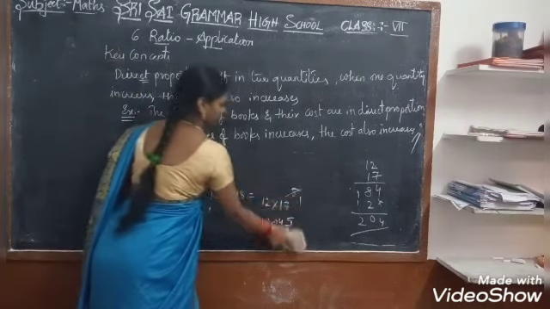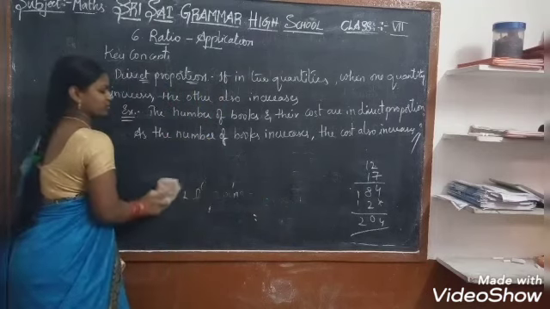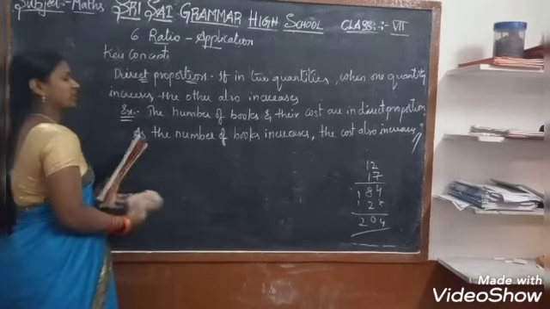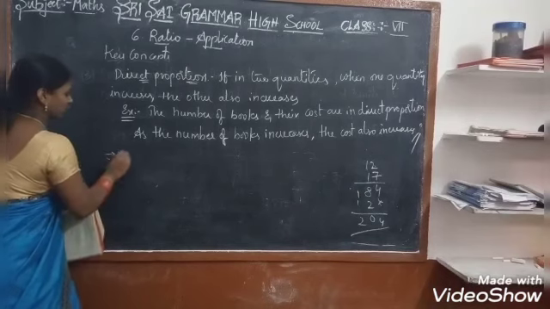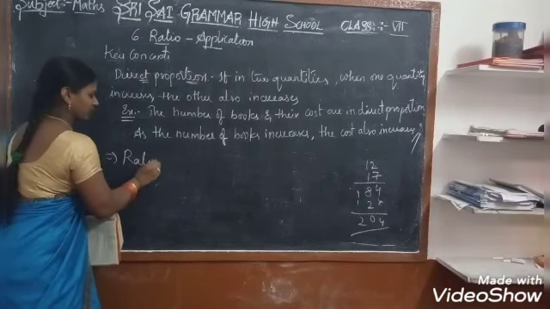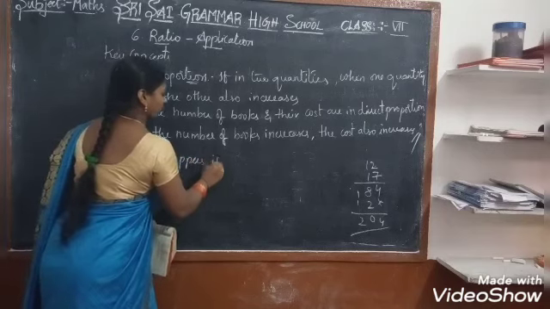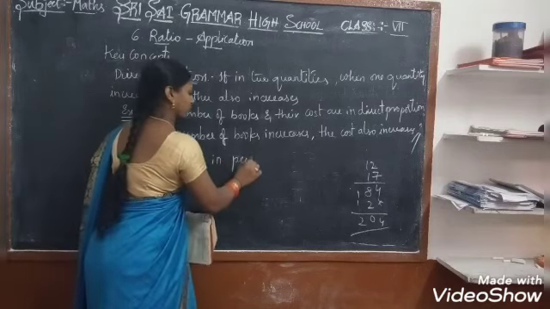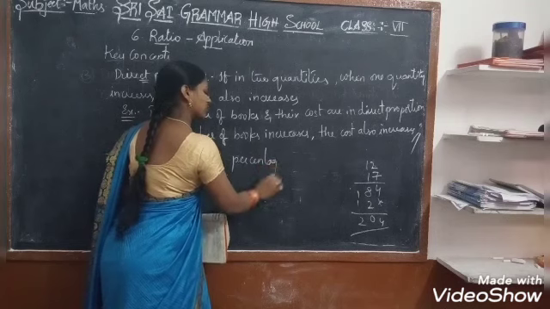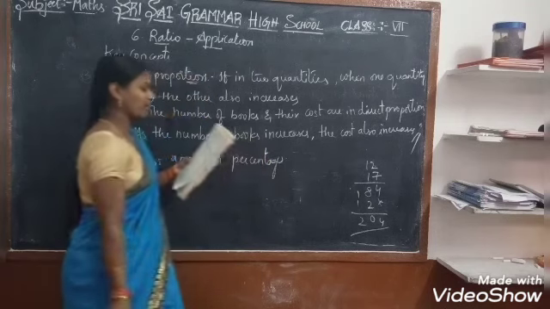Complete that. How many types of ratios, how it is going to be applied. Yes, and we know that ratio also appears in percentages. In percentages also the ratio will be applied.